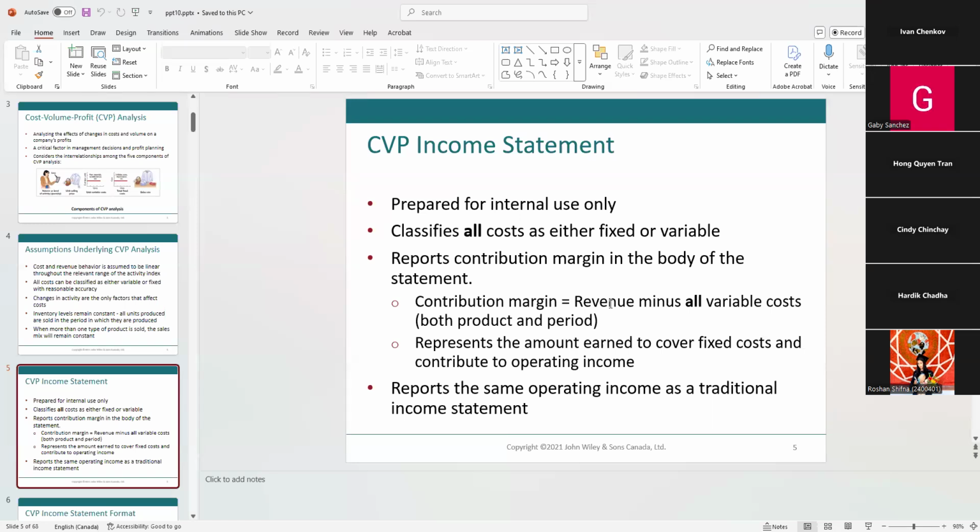Again, we classify costs only as fixed and variable, and we're using the contribution margin statement to do that. That means revenue minus variable cost gives us contribution margin, minus the fixed cost gives us operating income.